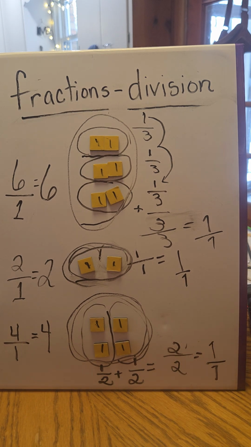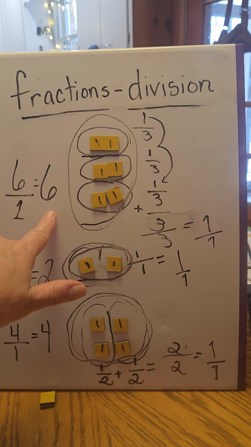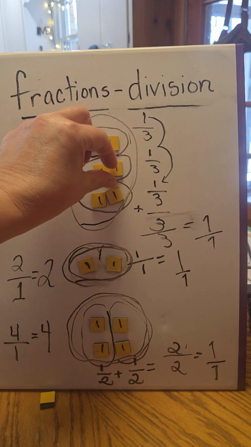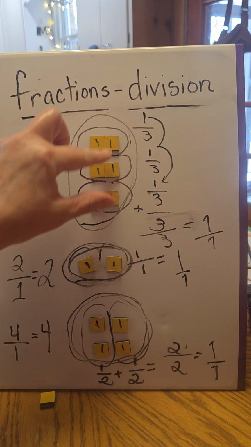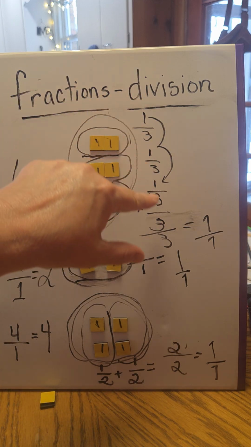Wow. This is a harder lesson. I don't know. It's a sloppy lesson, but I don't think it's too hard for you. So let me get this straight. I had 6 whole things, and when I grouped them, I counted them, and they became fractions.